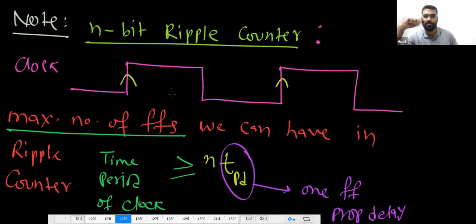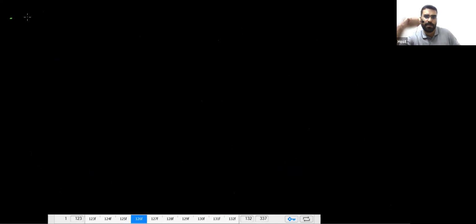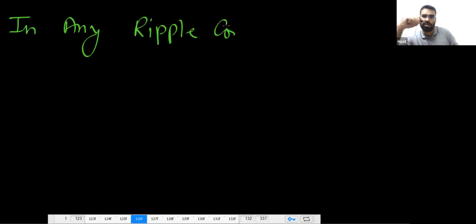This should happen. So this is the relation. For proper functioning, this relation should hold in any ripple counter, meaning any asynchronous counter.